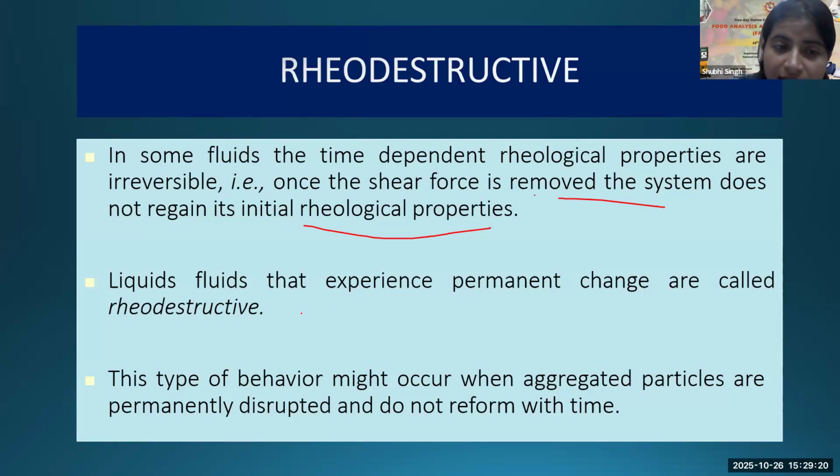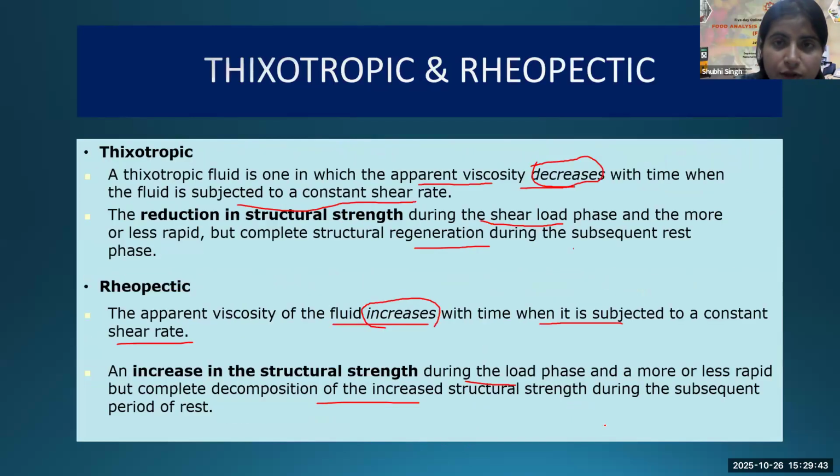Liquid foods that experience permanent change are called rheodestructive. Like I have mentioned, they will be unable to come back to their original position or original alignment and orientation. This type of behavior might occur when aggregated particles are permanently disrupted and do not reform with time. We have seen that in thixotropic or rheopectic liquids, after the passage of time, they are able to come back to their original position, alignment, or orientation.